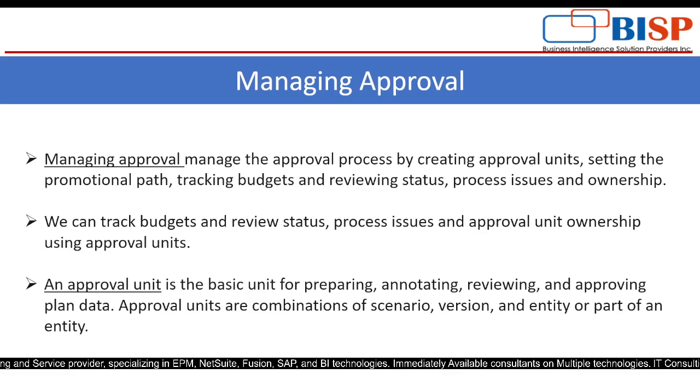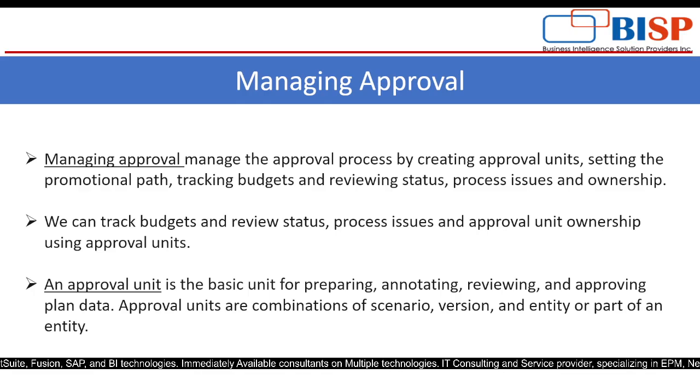Now we will move to the application purpose. So we will first understand what managing approval is. Managing approval manages the approval process by creating approval units, setting the promotional path, tracking budgets, and reviewing status, process issues, and ownership. We can track the budget and review status, process issues, and approval unit ownership using approval units.